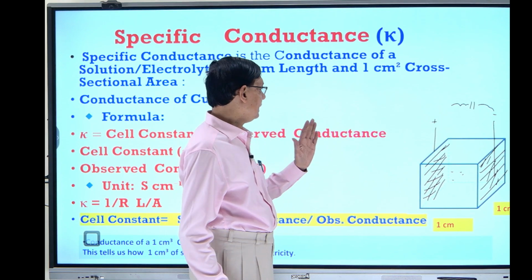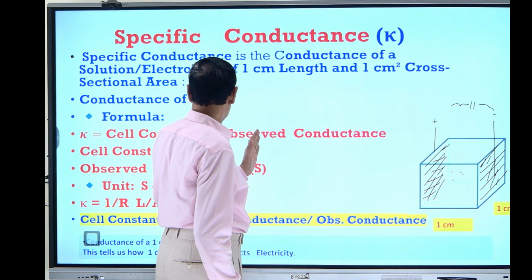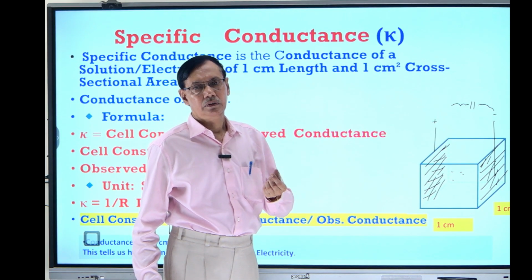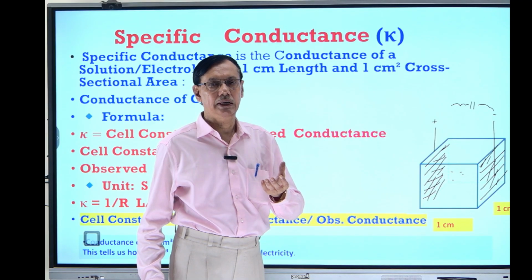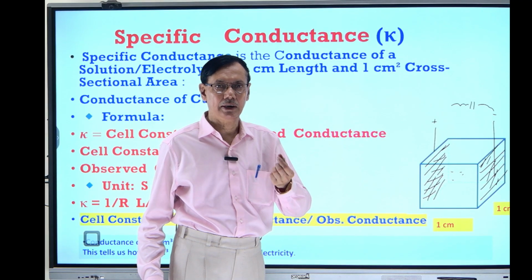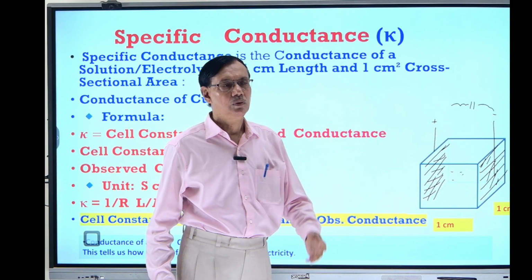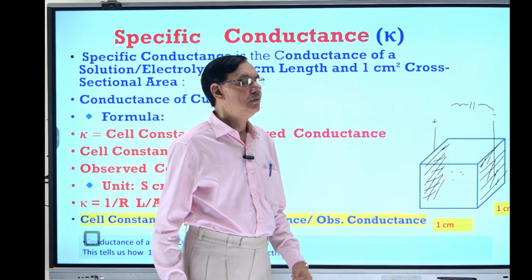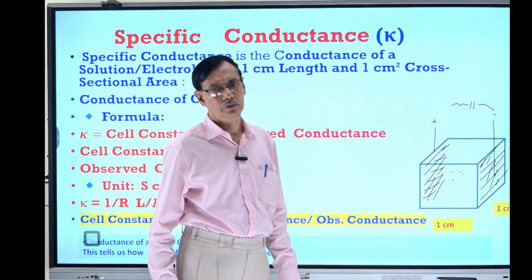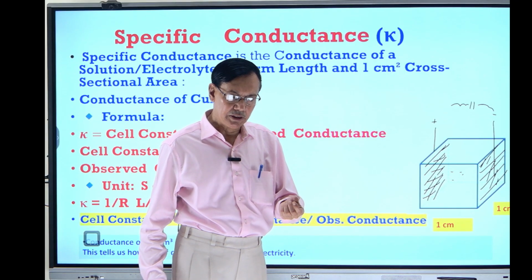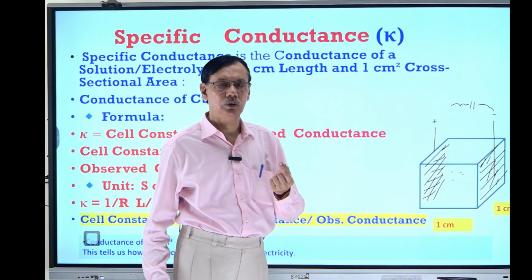So that means I can write the formula if in some examination such type of question is there, that the observed conductance of an electrolyte is 1 microsiemens. So what would be the specific conductance, if the cell constant is 1?